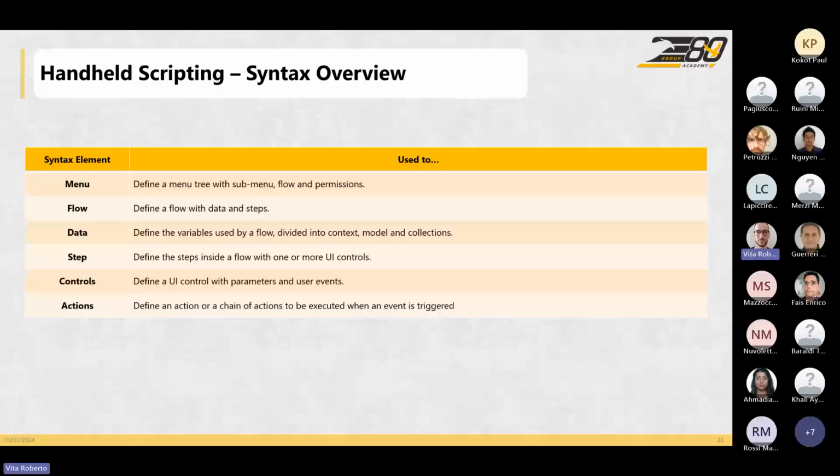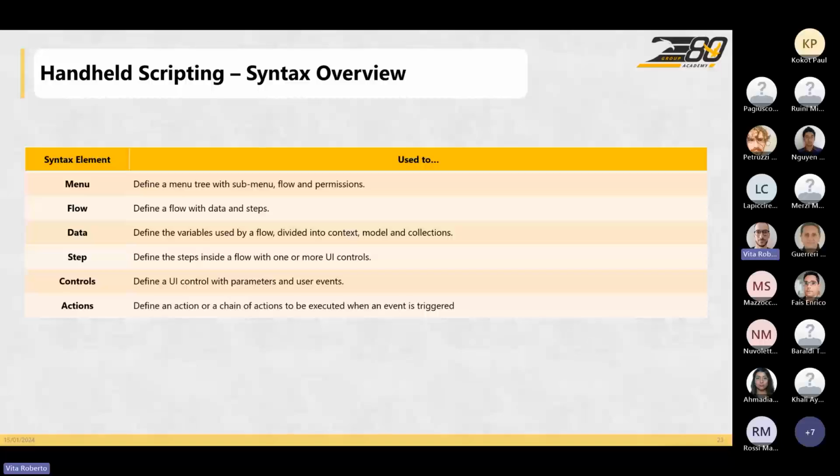Talking about syntax, as Mattia already said, the syntax is almost the same, but of course we have additional syntax statements and elements that we use only when we are working with our Handheld. So we have a syntax element to define a menu tree with submenu, flow and permissions. We have a syntax element to define a flow, which we already said is a complex operation that can be performed by the Handheld app.